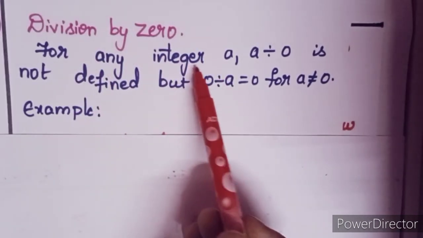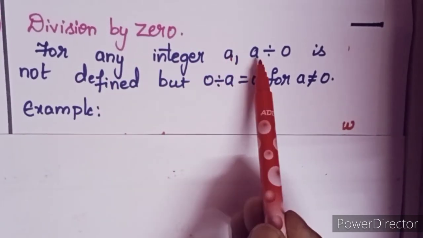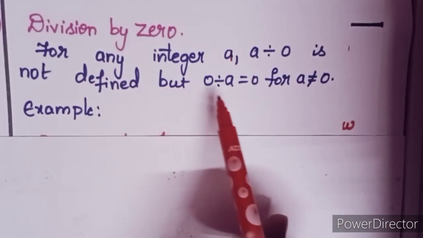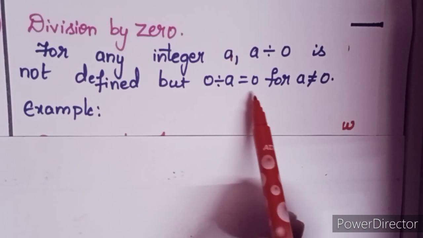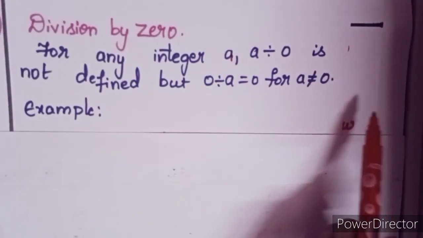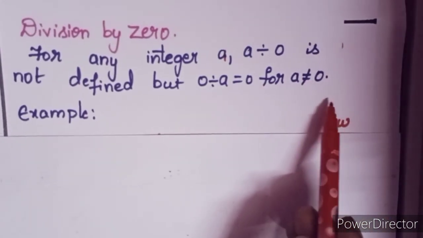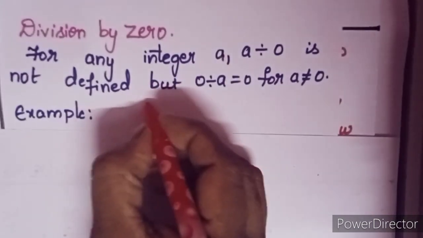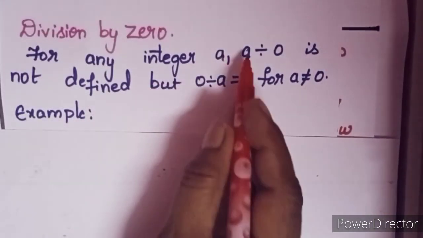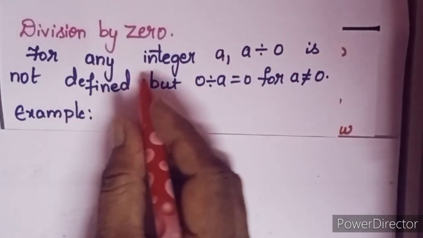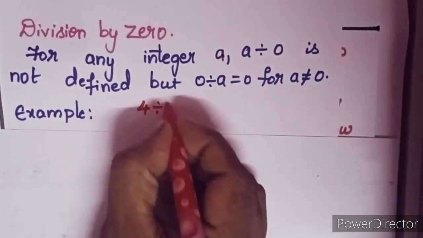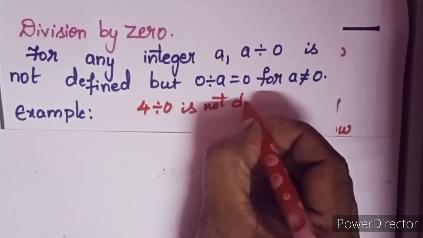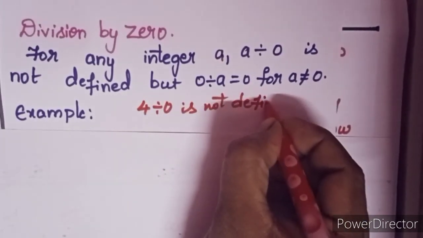Division by 0, children. For any integer a, a divided by 0 is not defined, but 0 divided by a equals 0 for a not equal to 0. Wait. Understood, children? See, let us take the example, children. A divided by 0. Suppose 4 divided by 0. It is not defined.